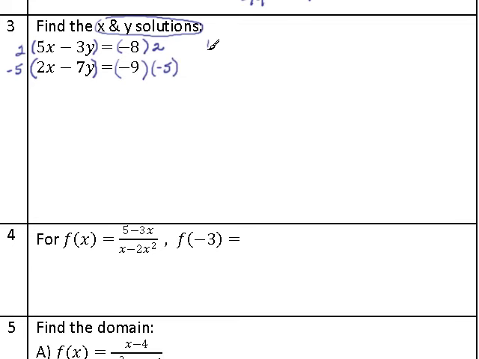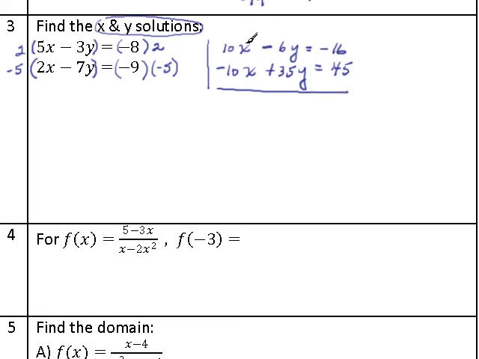All right, multiplying this, we have 10x minus 6y is equal to minus 16. And the bottom we have minus 10x plus 35y is equal to 45.